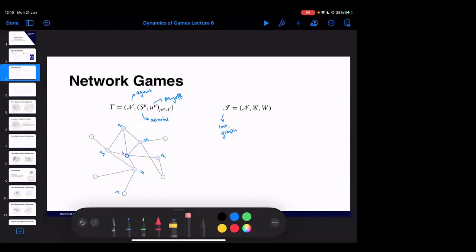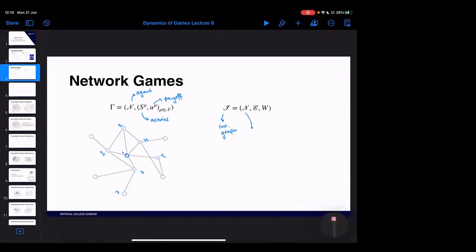But just as a quick recap, in a graph we have a few elements. We have the nodes, which in the game just correspond to the agents. We have an edge set, which is essentially just all the pairs of agents ij who are connected to one another. So 1 and 2 are connected to one another, et cetera, et cetera.